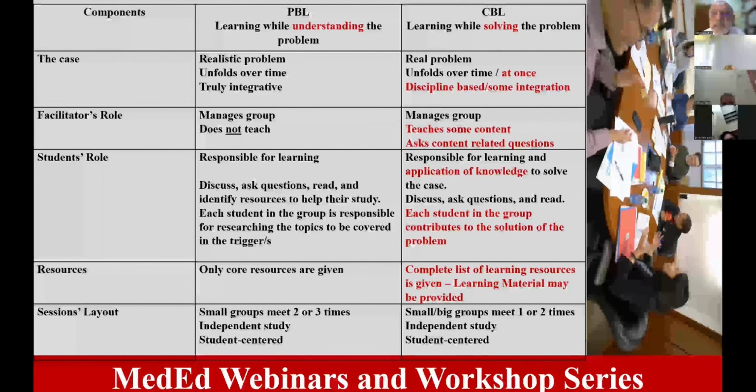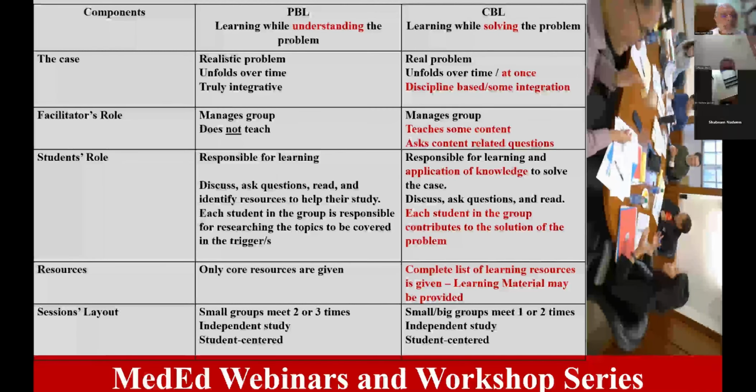Whereas in case-based learning, it has to be a real problem or real case, as we discussed earlier. And the information is given over time, or it can be at once. And it is discipline-based with some degree of integration. So as you see, PBL is a fully integrated session, whereas CBL, or case-based learning, is mainly discipline-based.